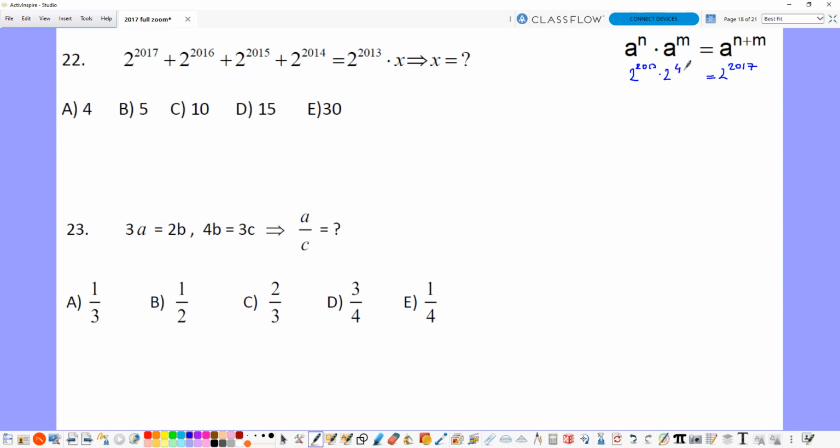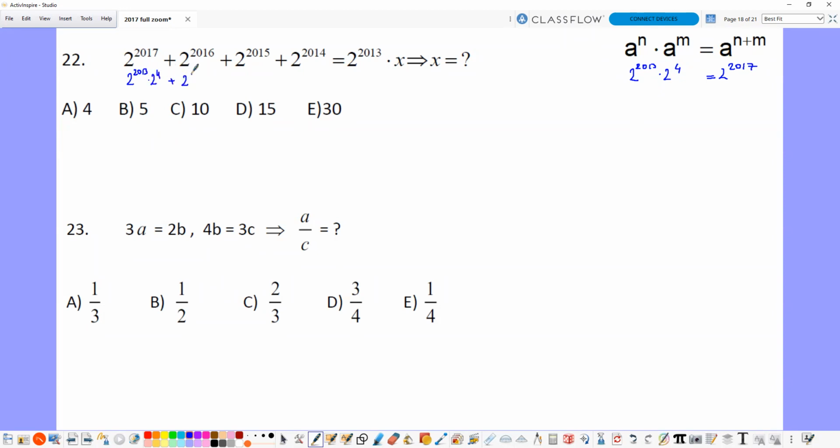So I'm going to separate all the terms into the form of 2013. If we rewrite them here, this is going to be equal to 2 to the power of 2013 times 2 to the power of 4.